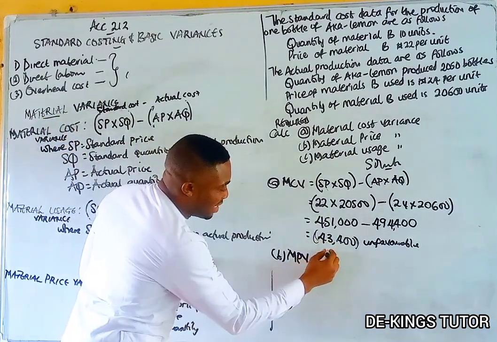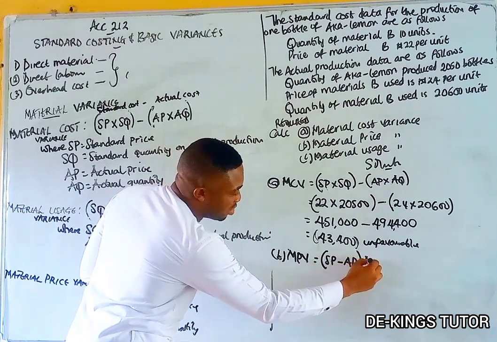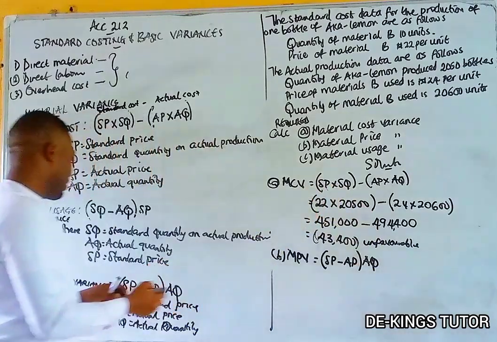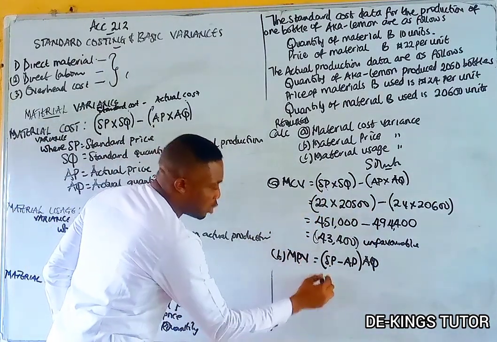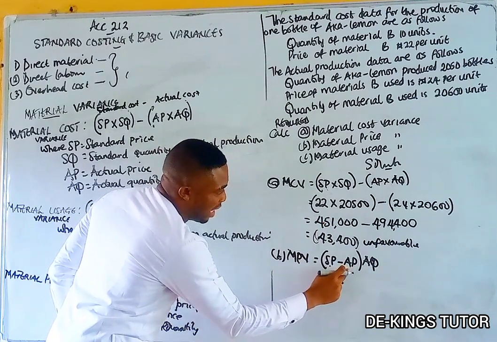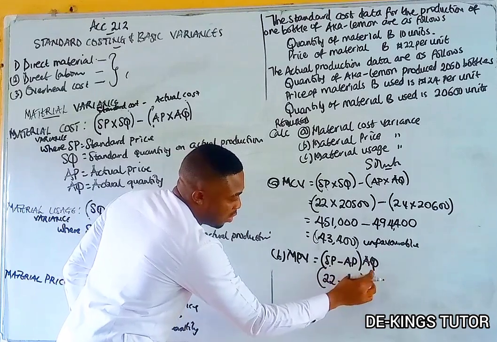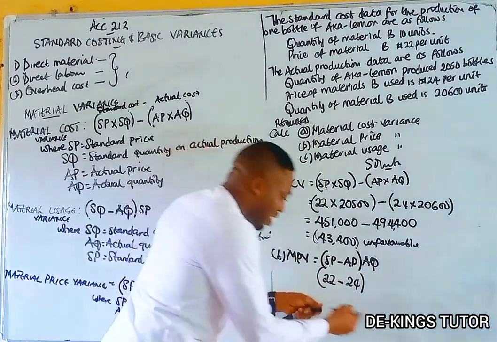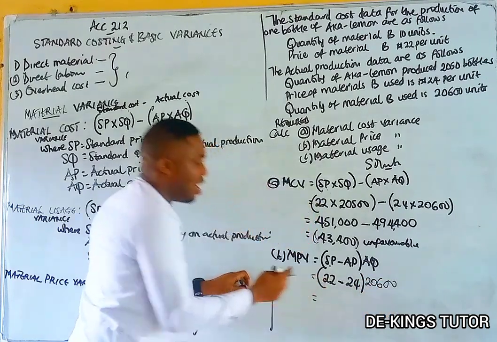Now we're talking about price, so it will be standard price minus actual price times actual quantity. What's the standard price? 22, minus what's the actual? 24. What's the actual quantity? 2,600. Yes.